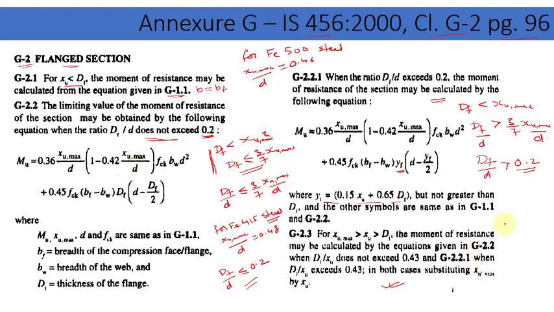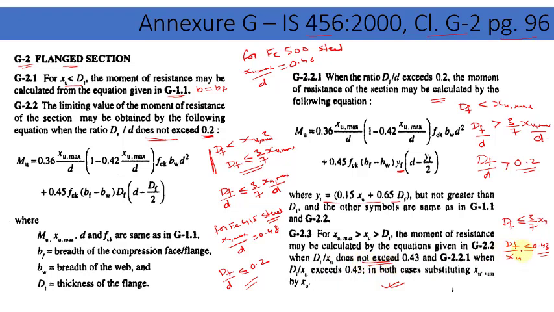Remember, we said dF is less than or equal to 3 by 7 times XU. So dF by XU is less than or equal to 3 by 7, which is 0.43. So this does not exceed 0.43.